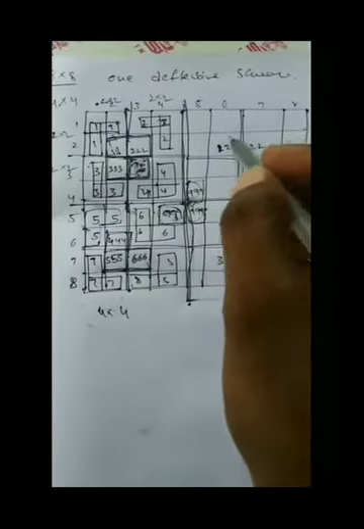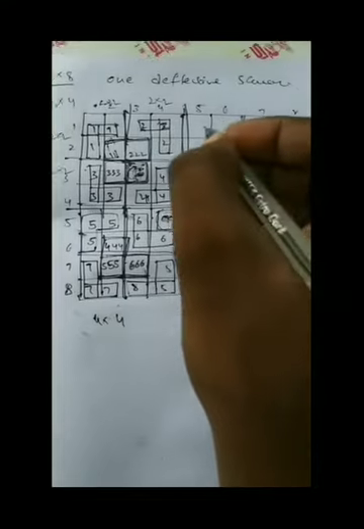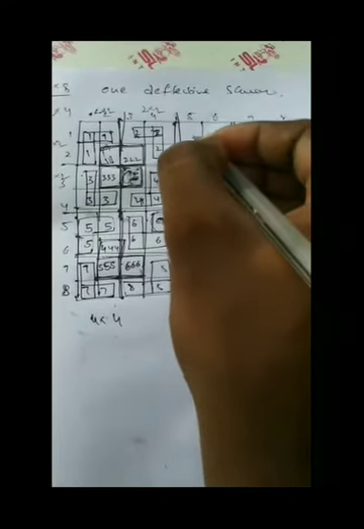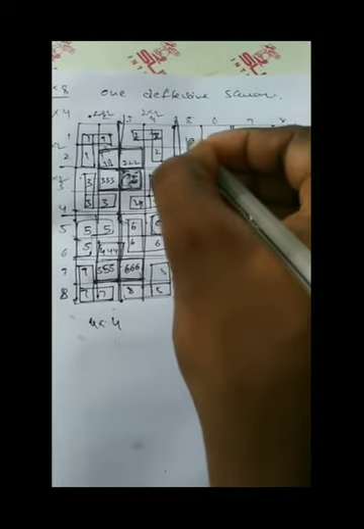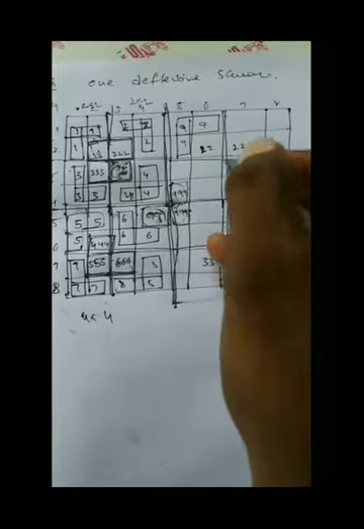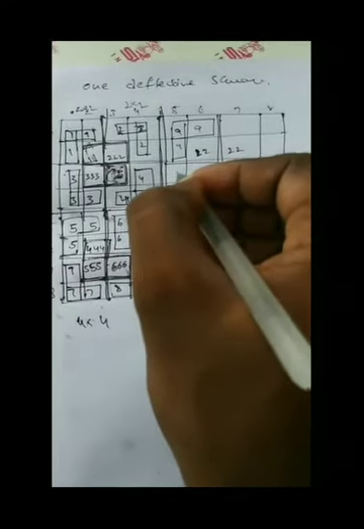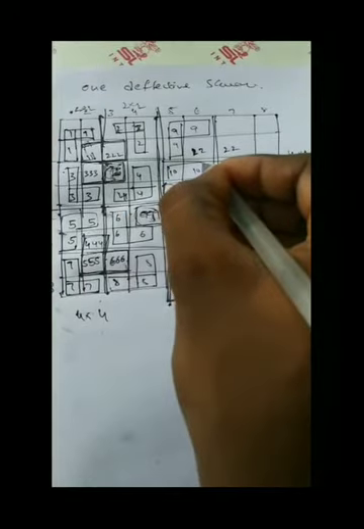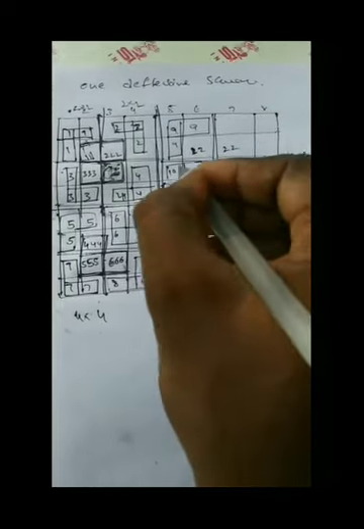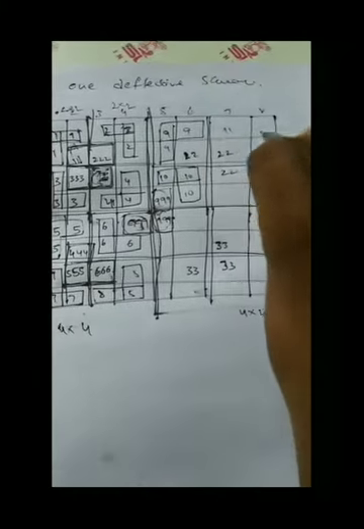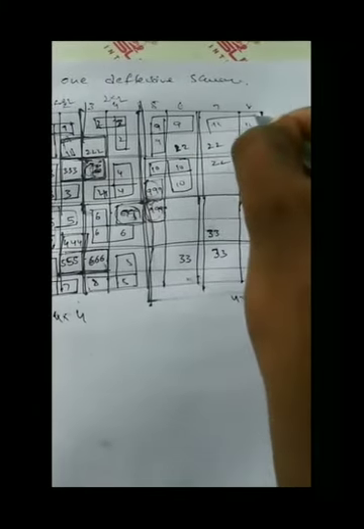For that, take the L-shaped triominoes. Here we use this L-shaped triomino, and also we use this L-shaped triomino to represent this one, and the process is continued.